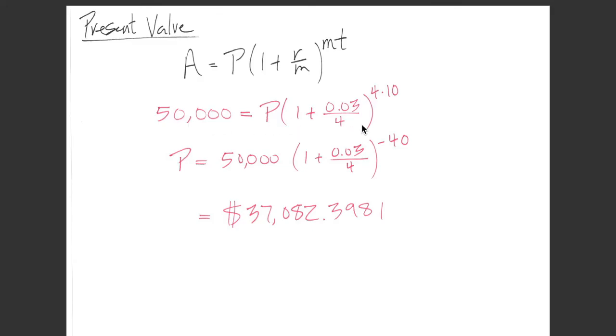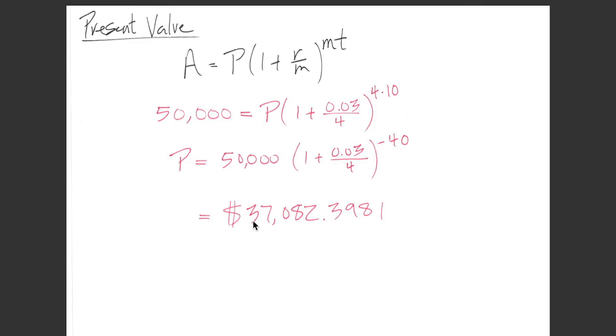I plugged in what I know, and then to solve for P, I just need to divide by this exponential expression on both sides. Remember, dividing by a factor is the same as multiplying by 1 over that factor, and 1 over a factor is that factor raised to the negative power. So dividing by this thing to the 40th power is the same as multiplying by this thing to the negative 40th power.